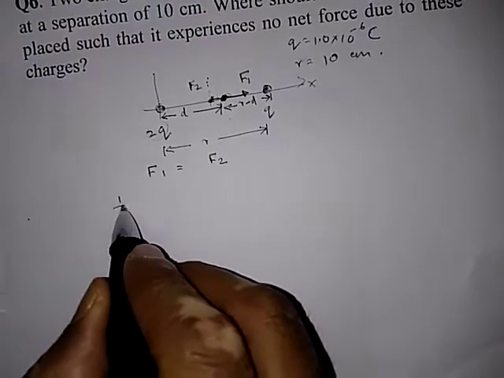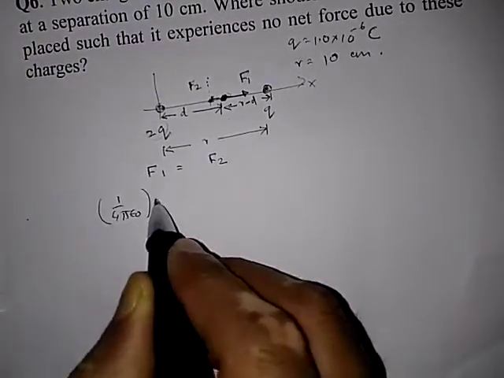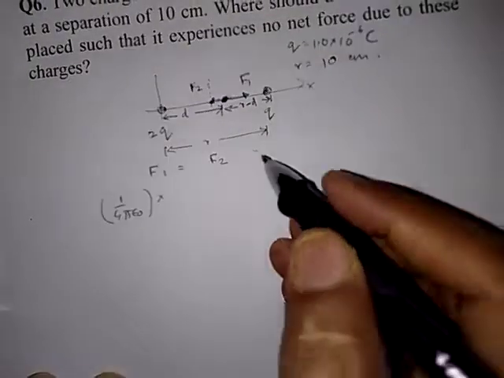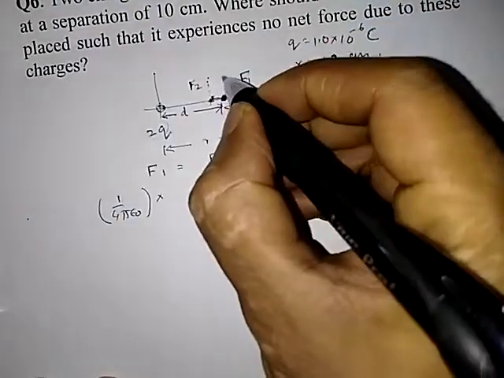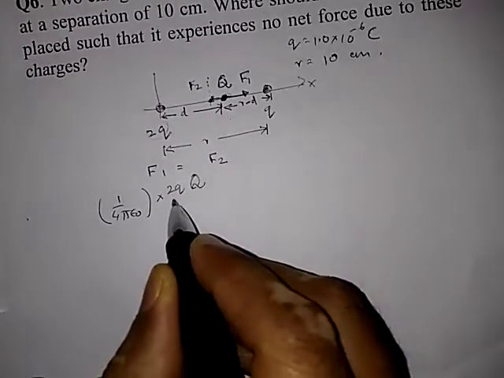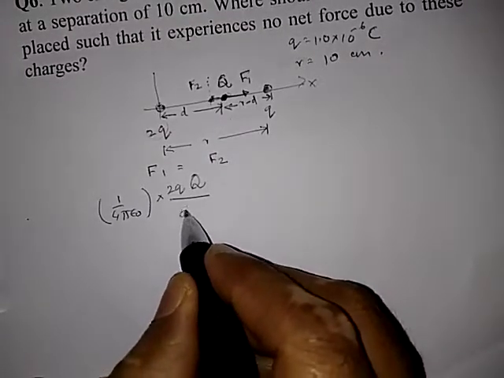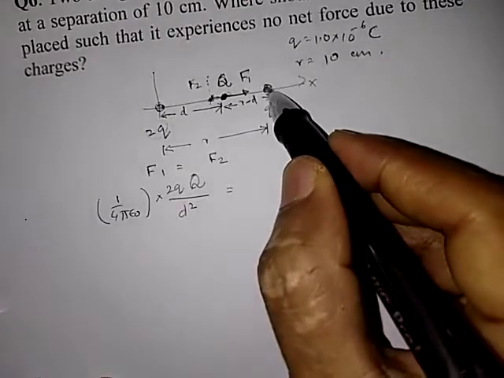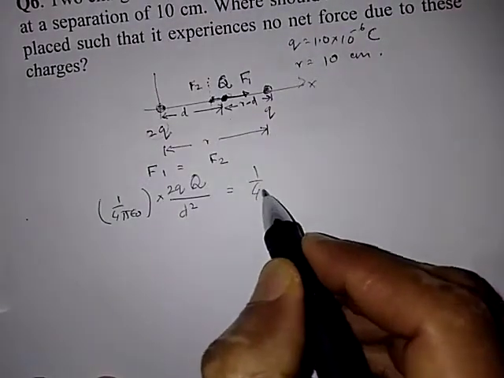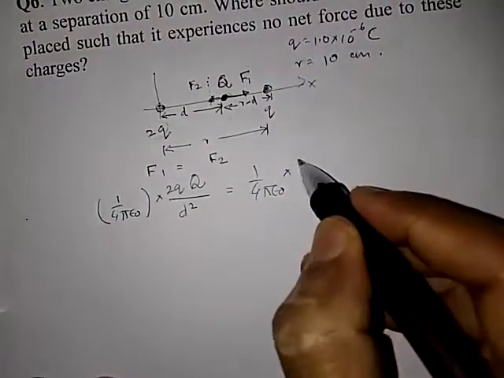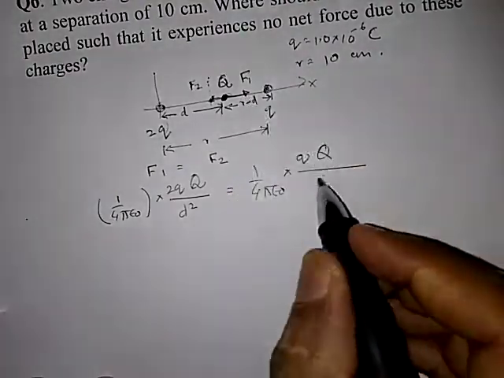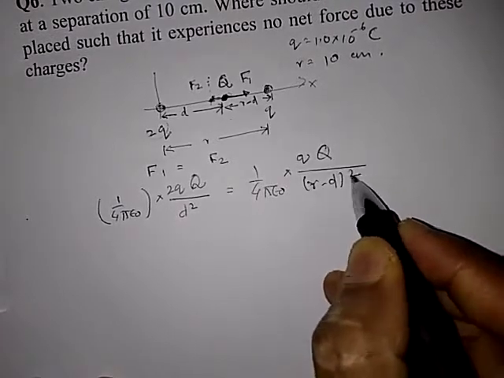Now F1 is 1 upon 4 pi epsilon 0 multiplied by Q1 into Q2. Let's say this third charge has some other quantity capital Q. So we have 2q into capital Q divided by distance d square, which should be equal to F2, the force due to the other one: 1 upon 4 pi epsilon 0 multiplied by q into capital Q divided by the distance between these two, r minus d whole square.